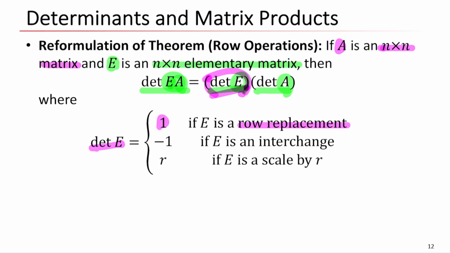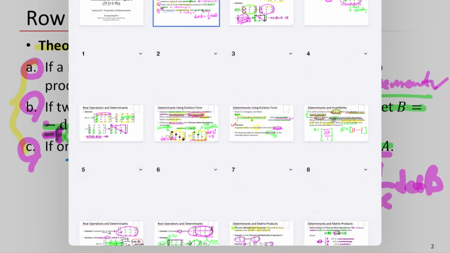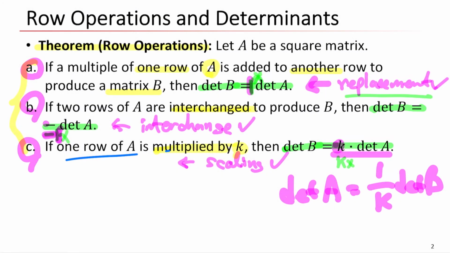If E is an interchange operation, then the determinant of E should be -1, and if it is a scale by r, then the determinant of E is equal to r. Okay, so this page is exactly the same as our first page here, right?